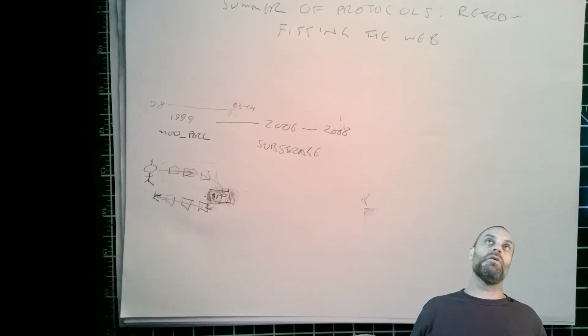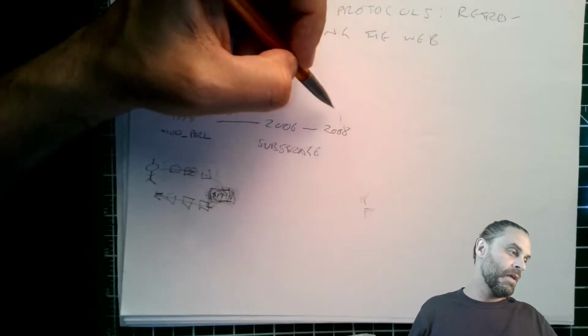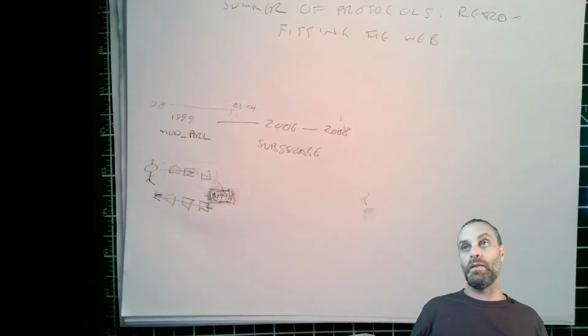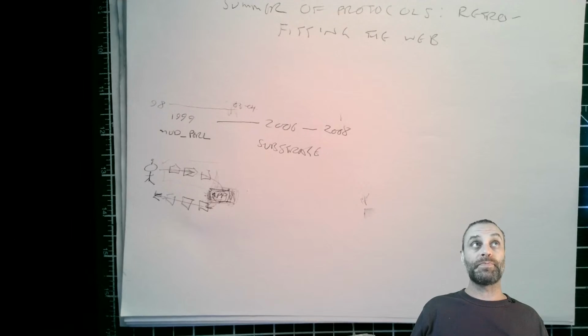In the case of URLs, this is the sort of thing that kicked it off. In 2008 was when I started thinking about the general problem of persistent addressing. And yeah, this is still up.